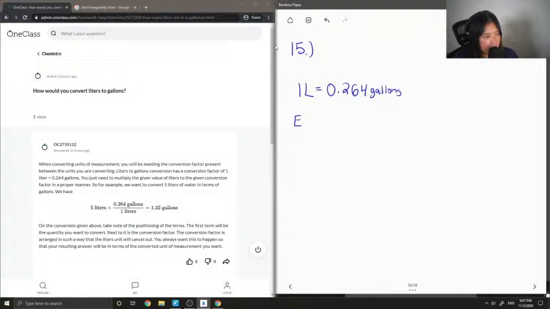So I'll just make up an example question. For example, how many gallons are in 52 liters?